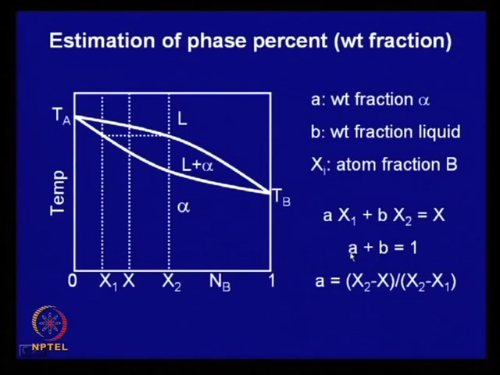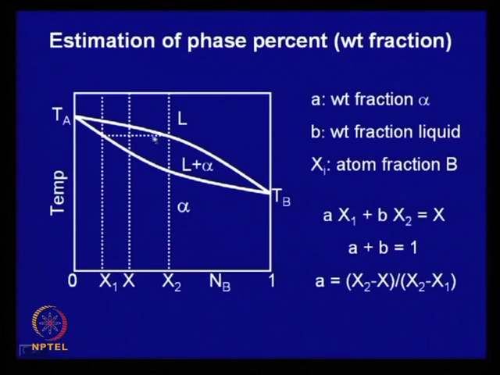So, if you just substitute here, say B you replace in terms of A, and you do a little bit of algebraic simplification, you will find A comes out to be x 2 minus x over x 2 minus x 1. So, look at what is x 2, x 2 is this and x is here. So, the amount of A is proportional to this, whereas x 2 minus x 1 is this entire length.